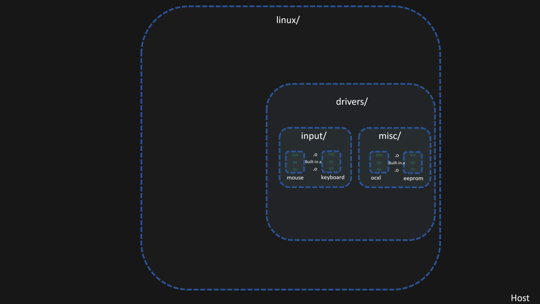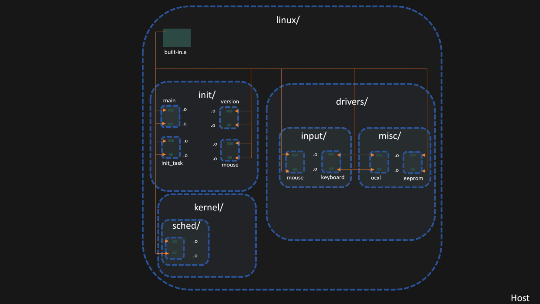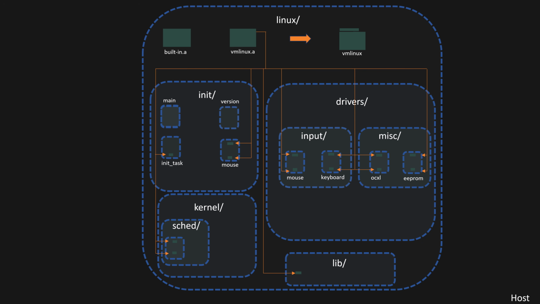Each built-in.a is merged into the one in the parent directory, step by step, until we end up with a top-level built-in.a that references all the generated .o files for all built-in drivers. This archive is then used to build vmlinux.a, which will enumerate other additional object files coming from the /lib directory. All these .o files referenced in vmlinux.a are finally linked into the final kernel image.